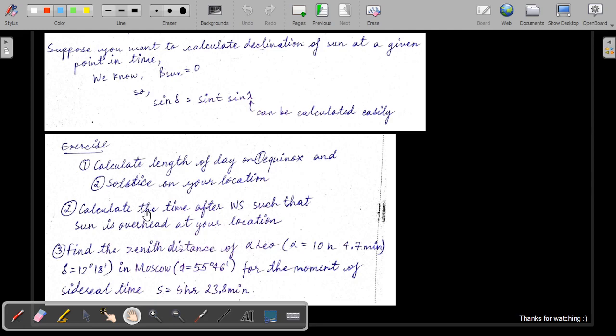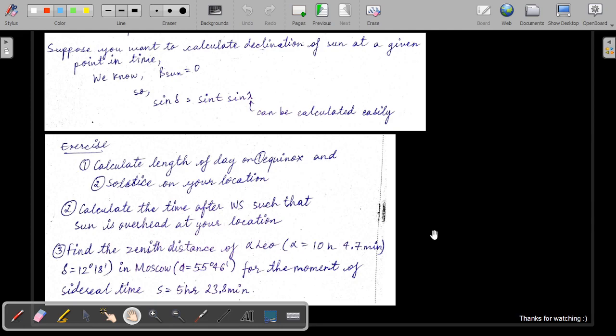Right. If you want hints, as I said during the start of the lecture, just ping me or a volunteer on the server. The third is find the zenith distance of Alpha Leo in Moscow for a moment of sidereal time 5h 23.8 minutes.